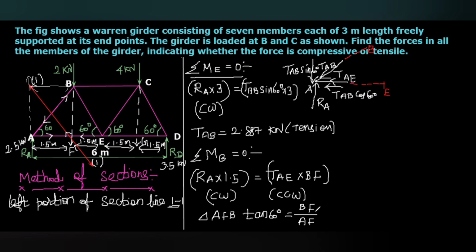So from this, we can write BF equals AF tan 60 degree. From this, we can calculate the value of BF. Once you substitute BF here, we know the value of RA already, then we can get the value of TAE.